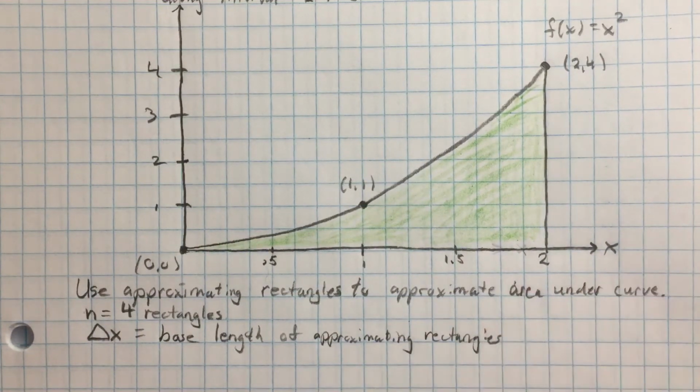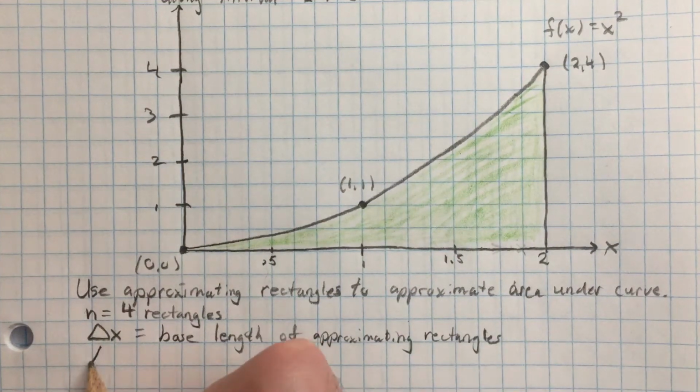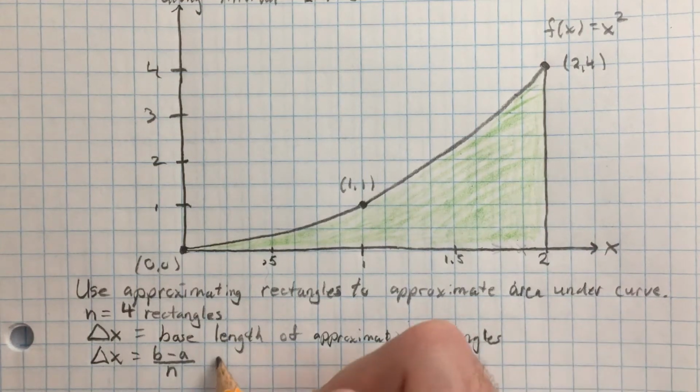All right. Now there's a formula for it. The formula is delta x equals b minus a on n, okay?